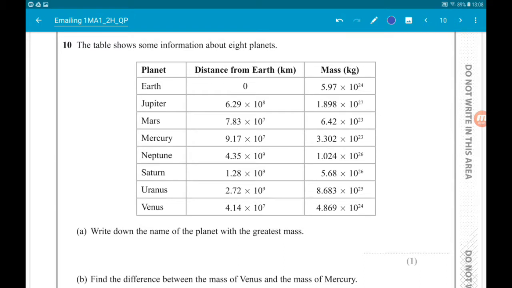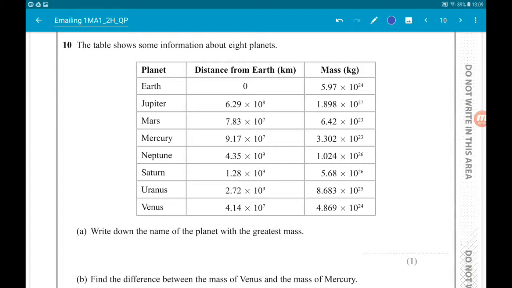Okay, number 10, we have standard form. So the table shows information about 8 planets. So we have the distance from Earth in kilometers and mass in kilograms. Part A wants us to write down the name of the planet with the greatest mass.